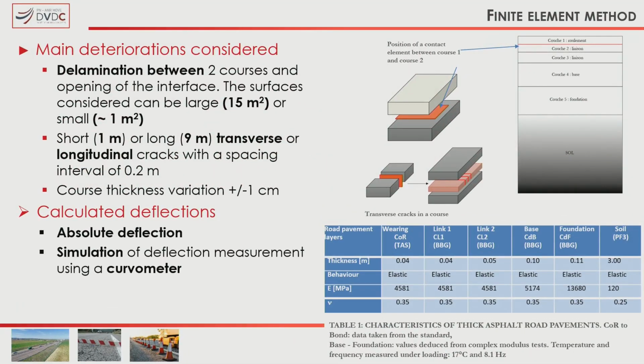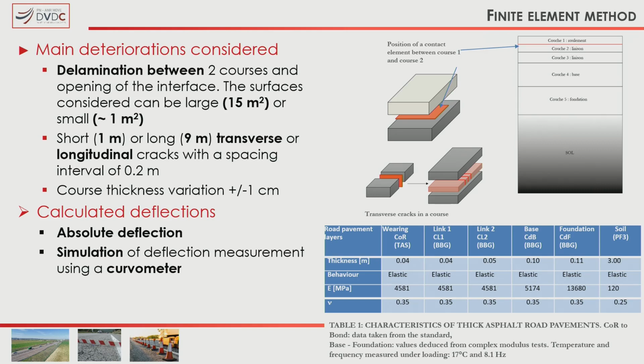The main degradations that we looked at for the finite elements were the delaminations between the layers. We looked at surfaces of large 75 square meters in a comparison with Alizé. We looked at delaminations that were reduced to just a few square meters between asphalt layers.